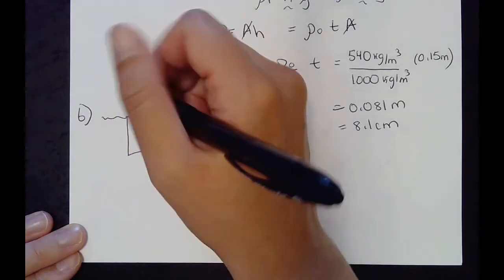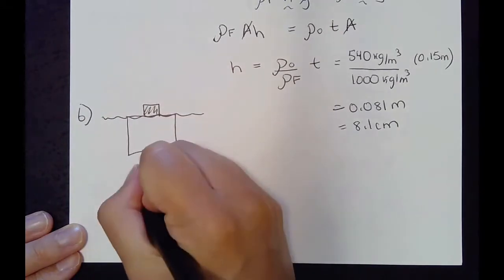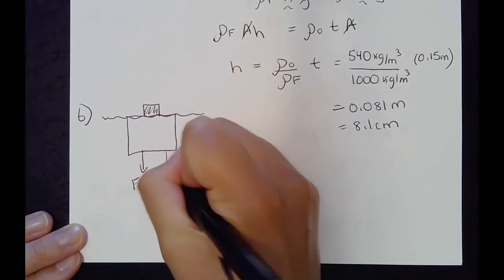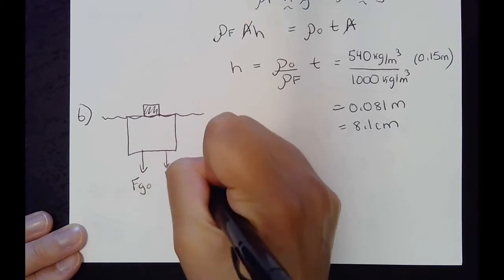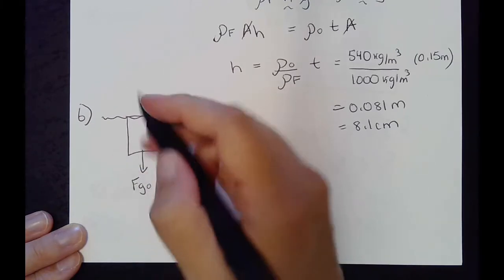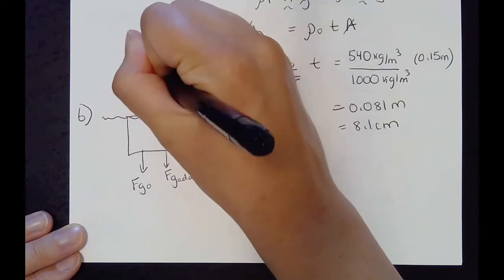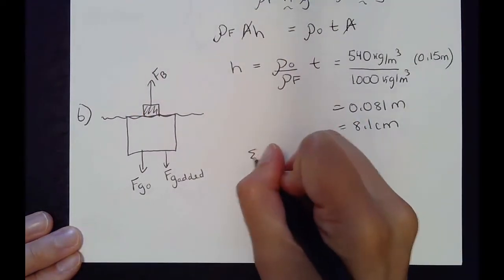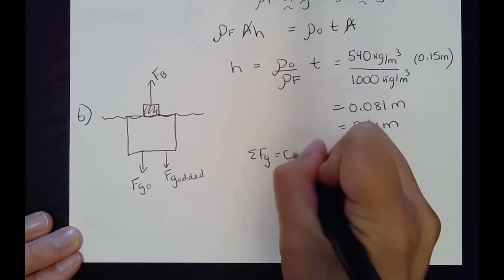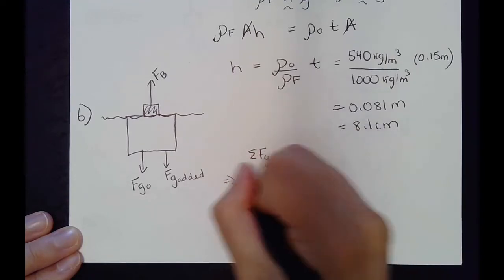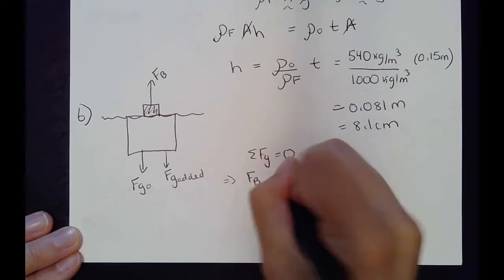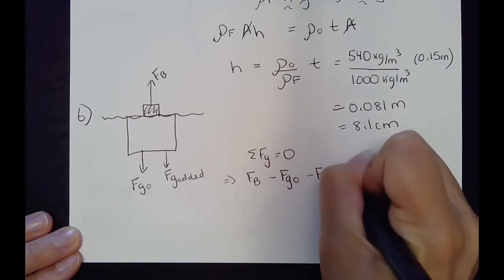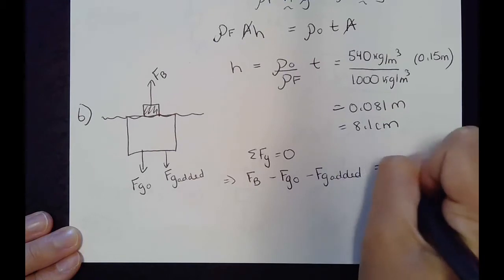So our free body diagram will be the Fg of the object, the wood, that Fg of the added mass, which is not submerged at all in the water, and then the buoyant force, which is supporting both. And again, we need to have our net force in the y direction equal to 0. So this time I have Fb, which is up, minus Fg of the object, minus Fg added, equals 0.